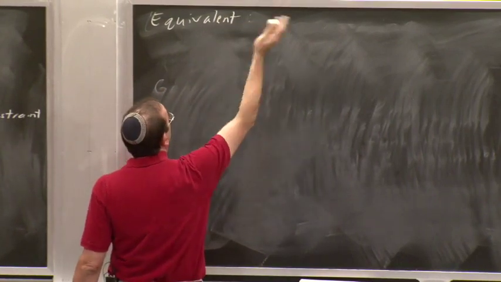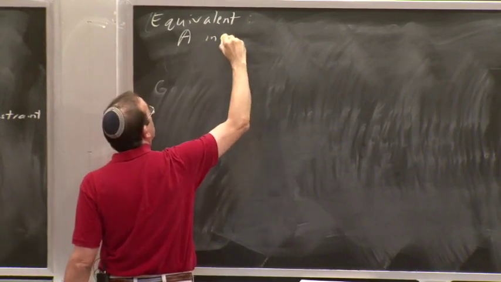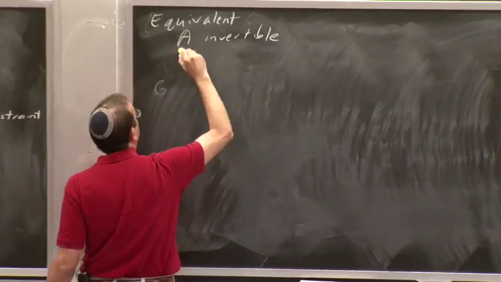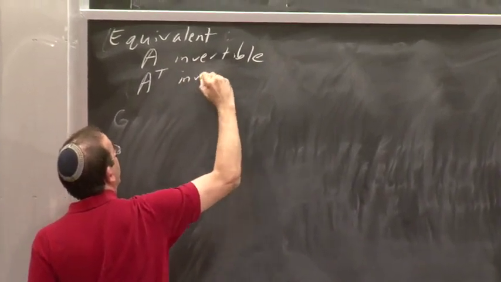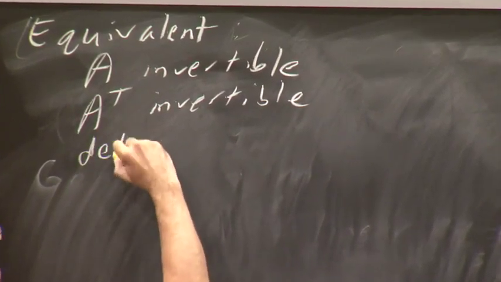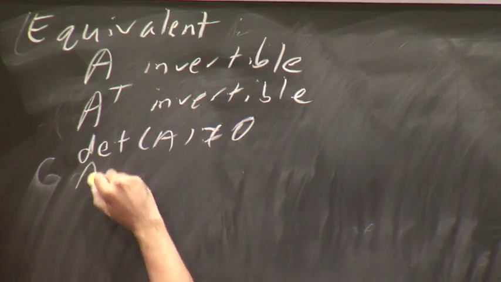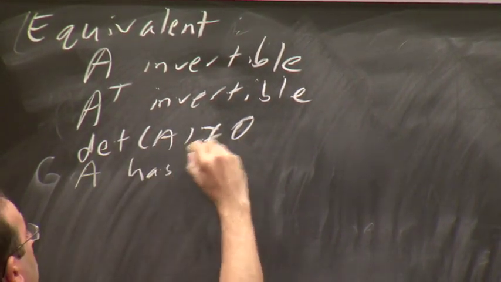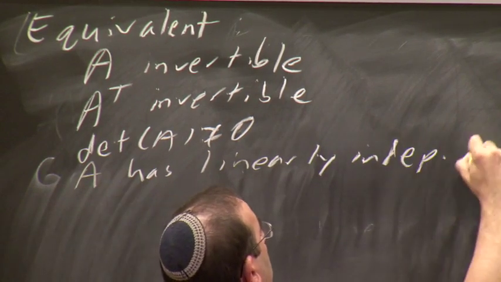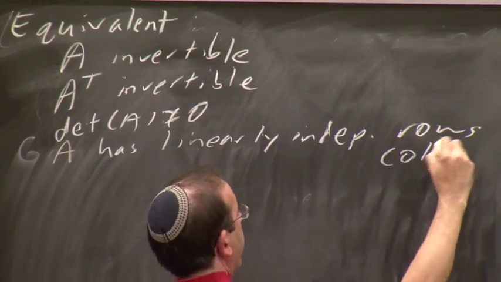So this is stuff that we all know. For square matrices, having A be invertible, having A transpose be invertible, having determinant of A not equal to 0, having an A with linearly independent rows, or linearly independent columns.